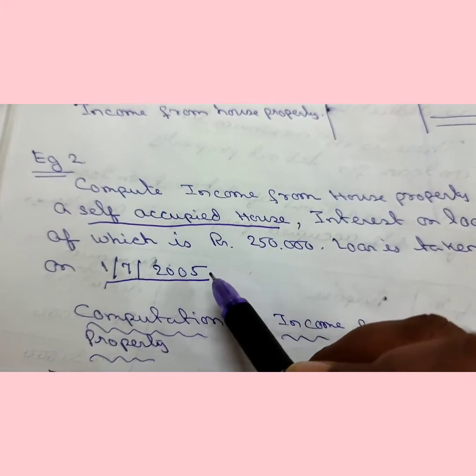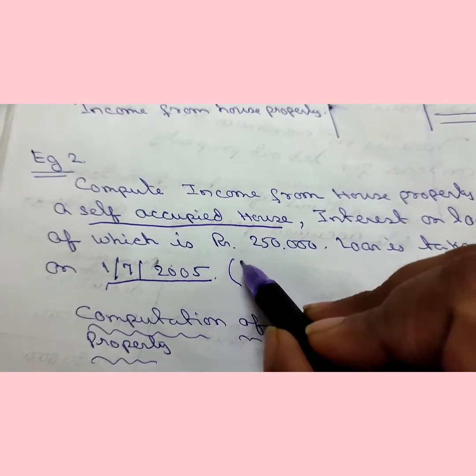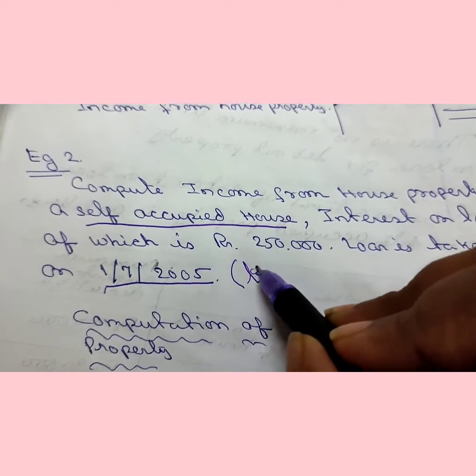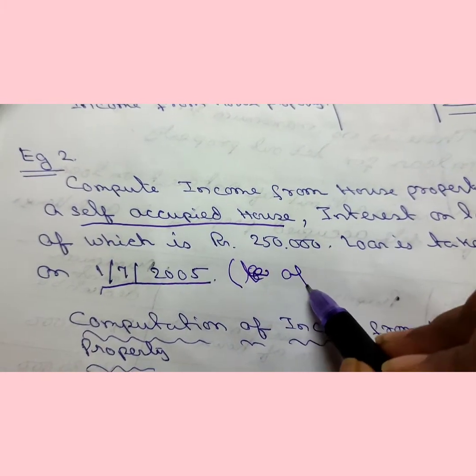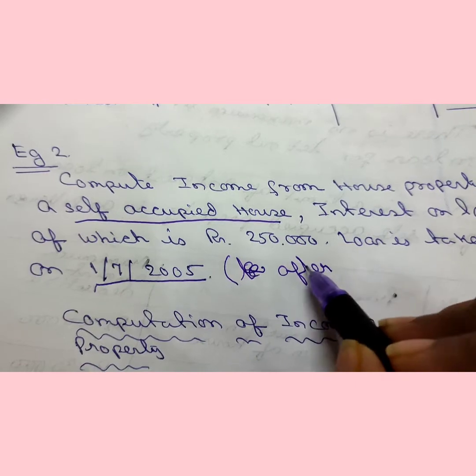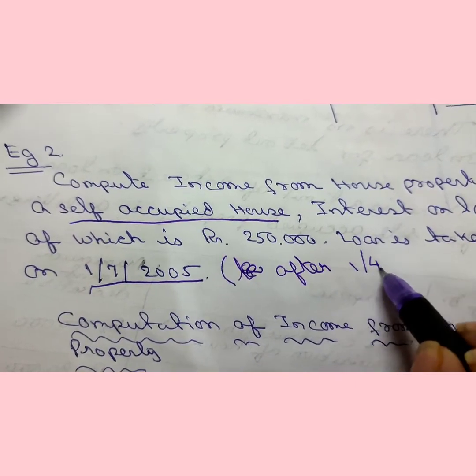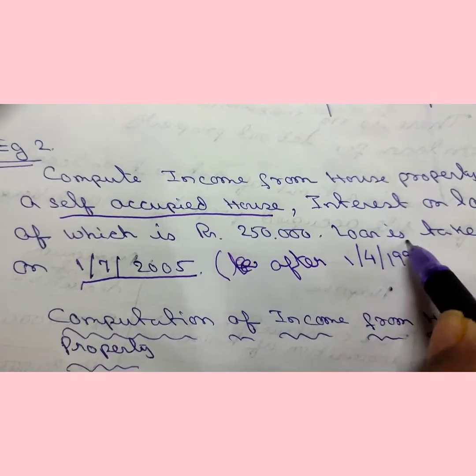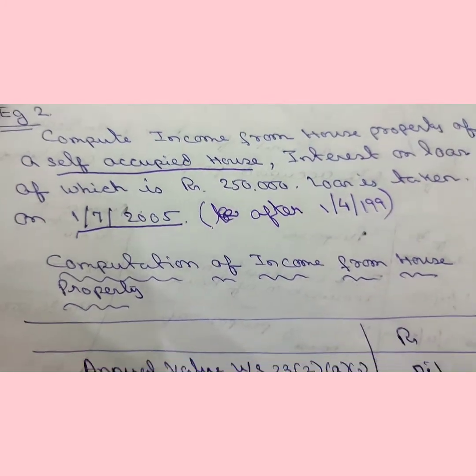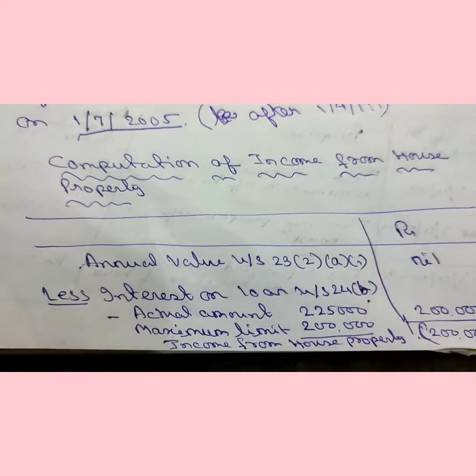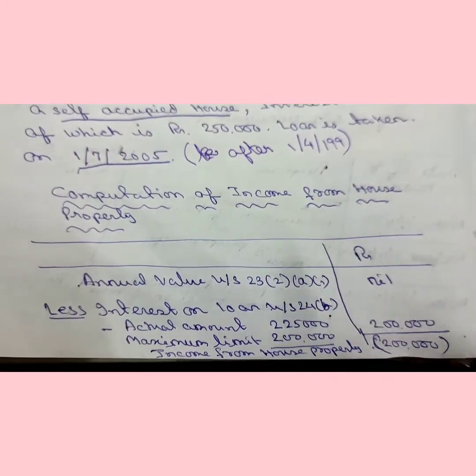That means the loan is taken after 1/4/1999. This is important. Okay, now we will compute the income from house property for this sum.